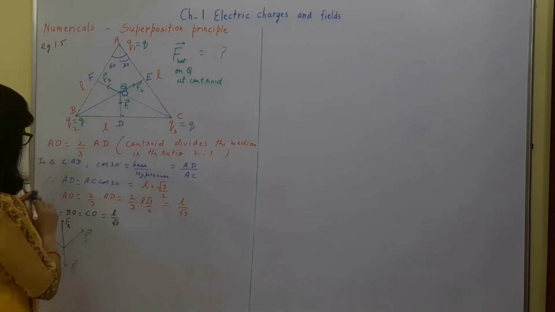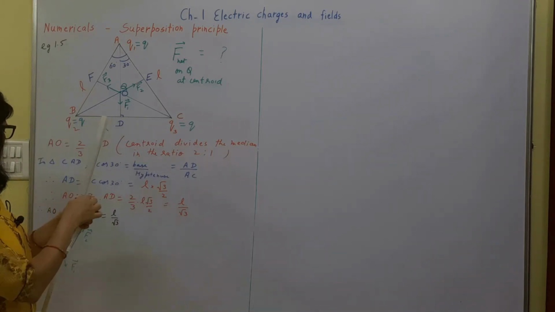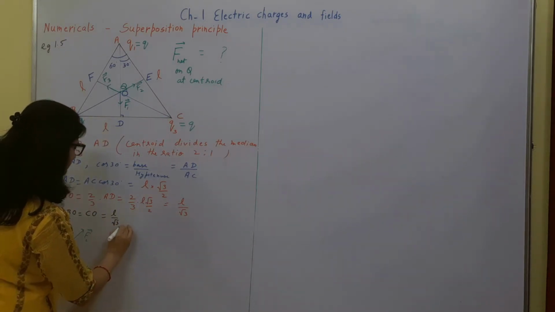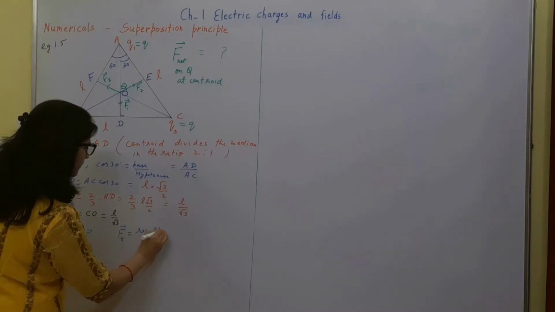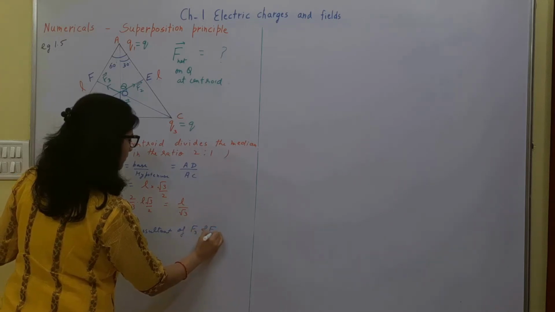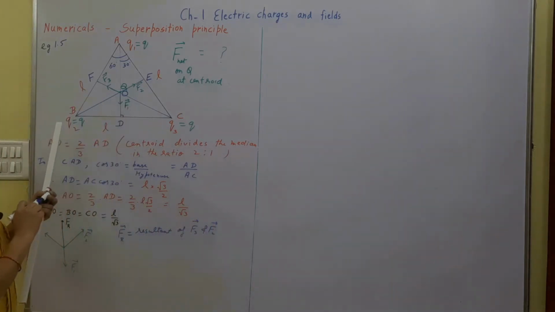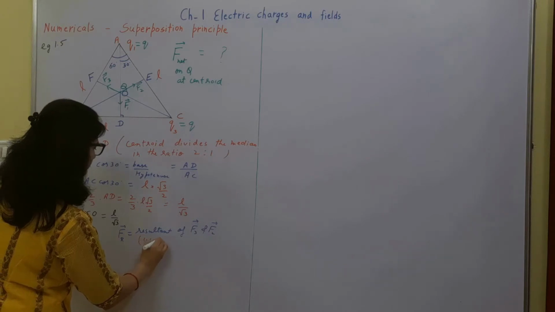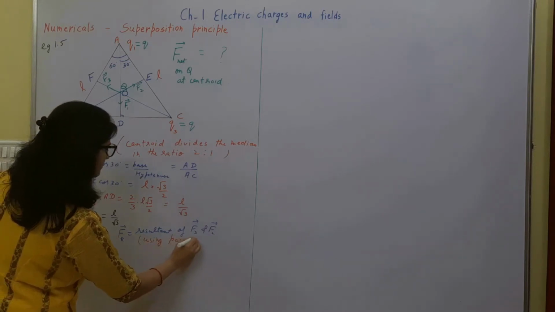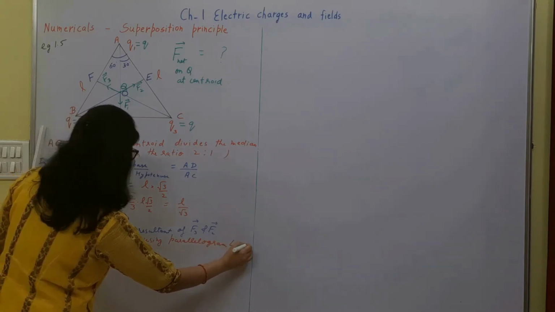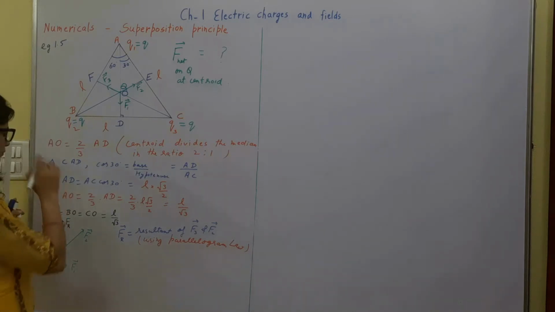So, here I am marking that this Fr is the resultant of F3 and F2. How will we find? We will find this by using parallelogram law. So, what is parallelogram law?